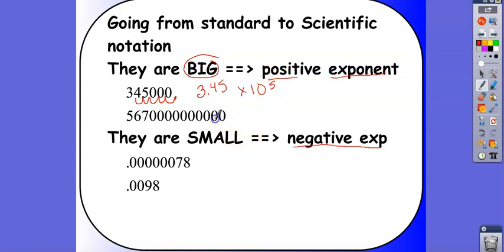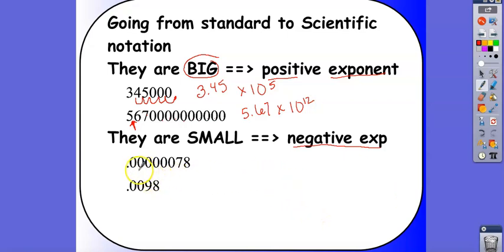This one, 1, 2, 3, 4, 5, 6, 7, 8, 9, 10, 11, 12, because I want the decimal right there. I moved it 12 spots and it's really big, so it's going to be positive.